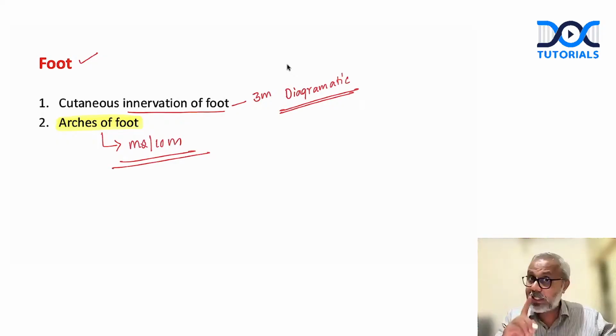Similar to this, the cutaneous innervation of the dorsum of the hand and the palmar aspect of the hand will appear as 3-marker questions, right? This is regarding the most important topics, right, that have been asked previously from the section of the lower limb, right? And these are the topics that we need to be prepared thoroughly with, right?